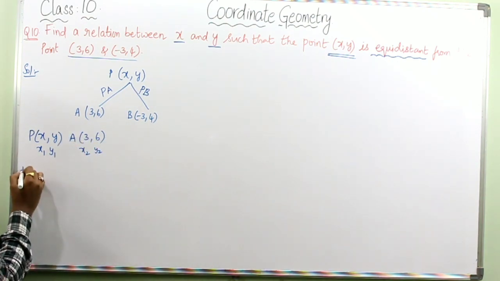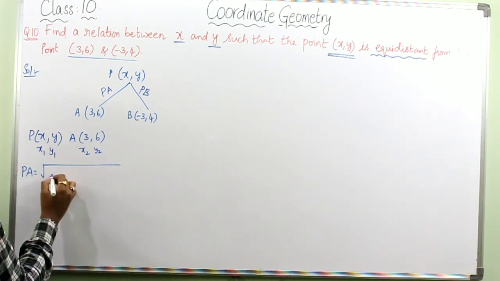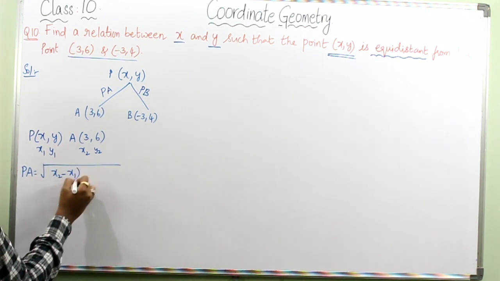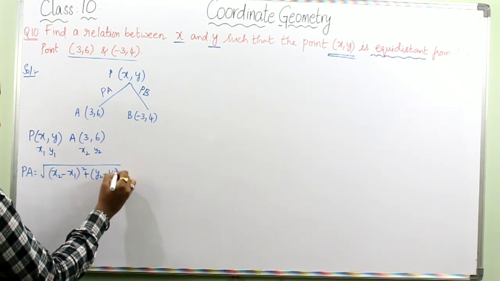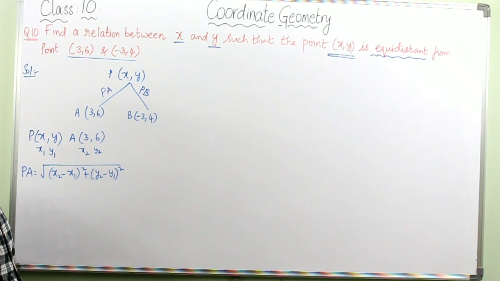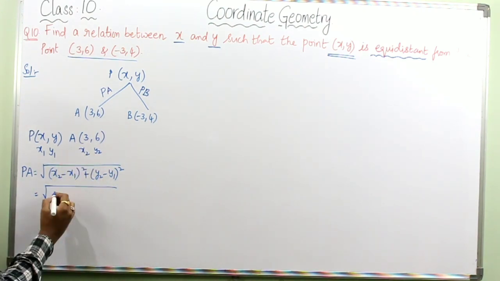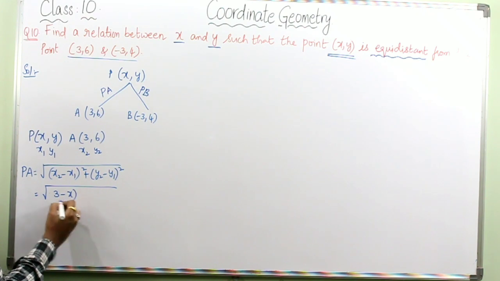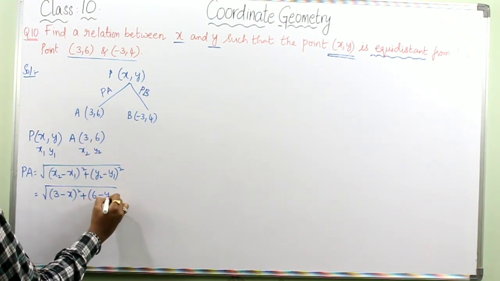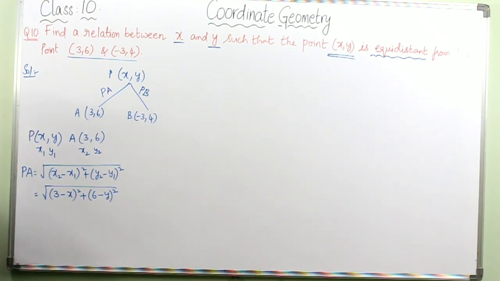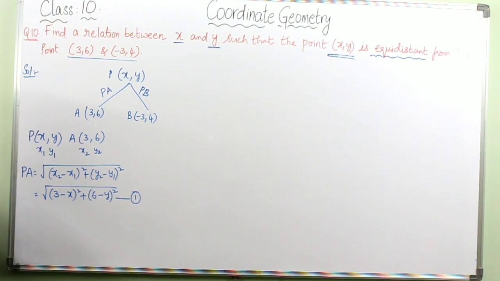Now let us find the distance between them, that is PA is equal to the square root of (x2 minus x1) whole square plus (y2 minus y1) whole square. Let us substitute the points in this. So square root of (3 minus x) whole square plus (y2 is 6 minus y) whole square. Let us name this as equation number 1.